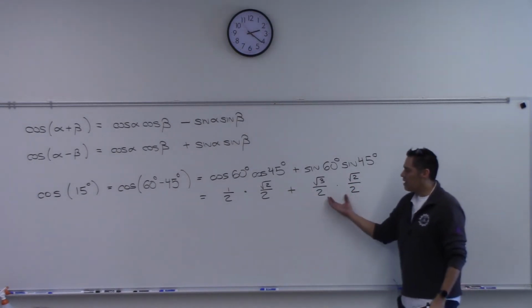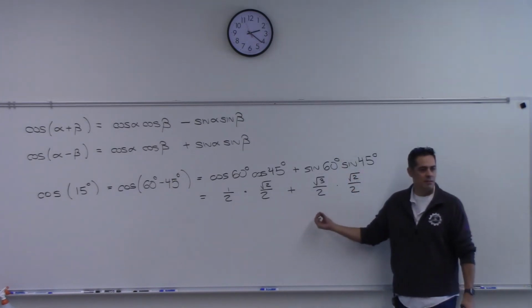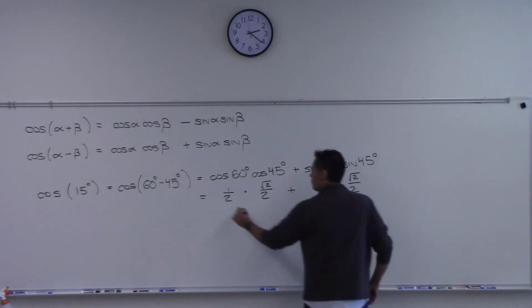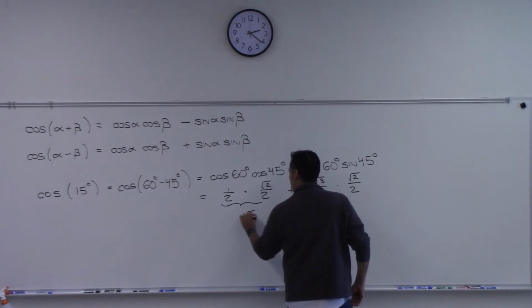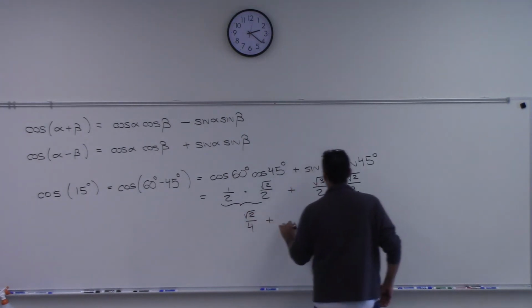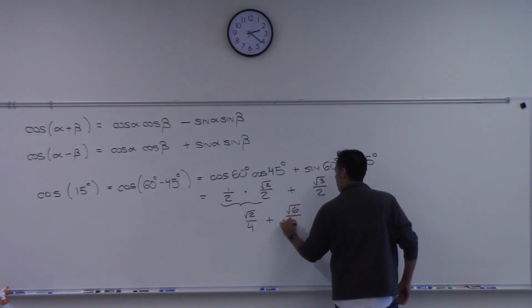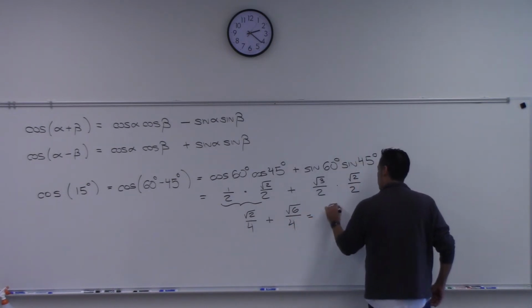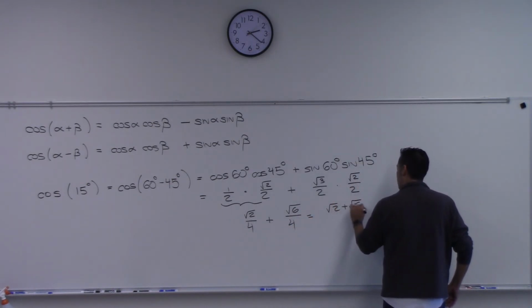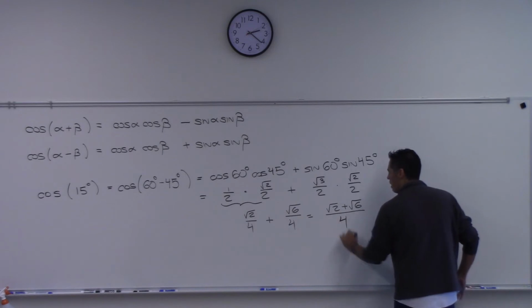You multiply these together, you multiply these together, you add. So the first two together gives me root 2 over 4. Second two together gives me root 6 over 4. Add those together, I get root 2 plus root 6. Can't put those together because I'm adding over the common denominator of 4.